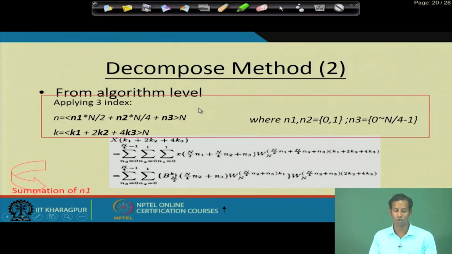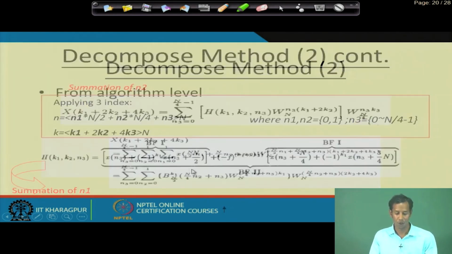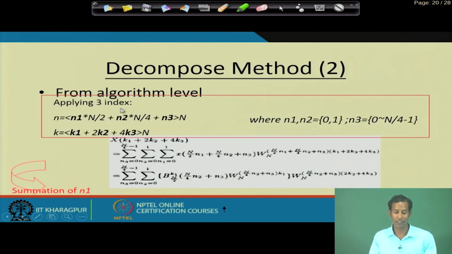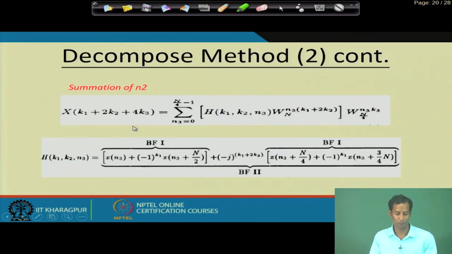Then again, we can decompose in another method, considering 3 different parts where we process k1, then 2k2 and then 4k3, where n1, n2 is 0, 1 and n3 is 0 to N divided by 4 minus 1. So, we have considered these 3 index values.